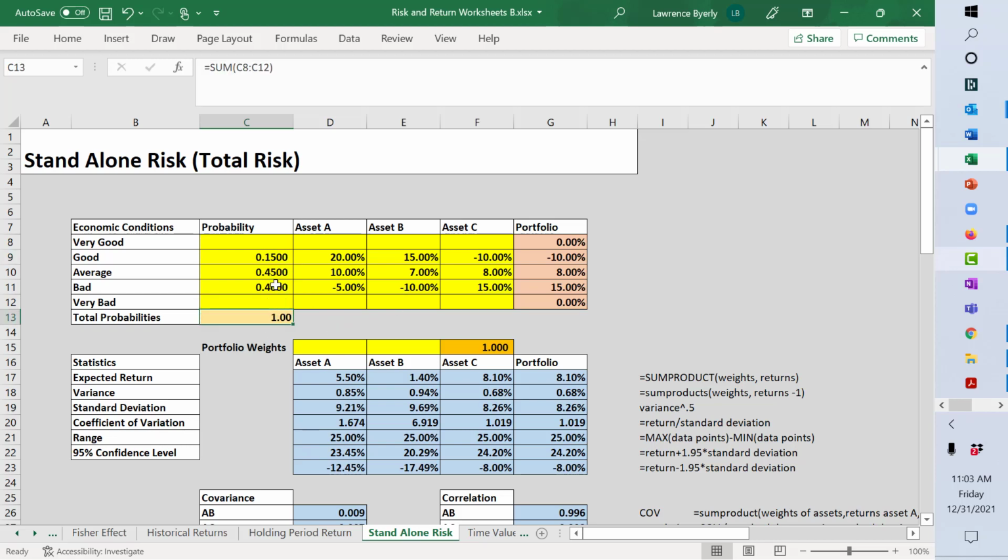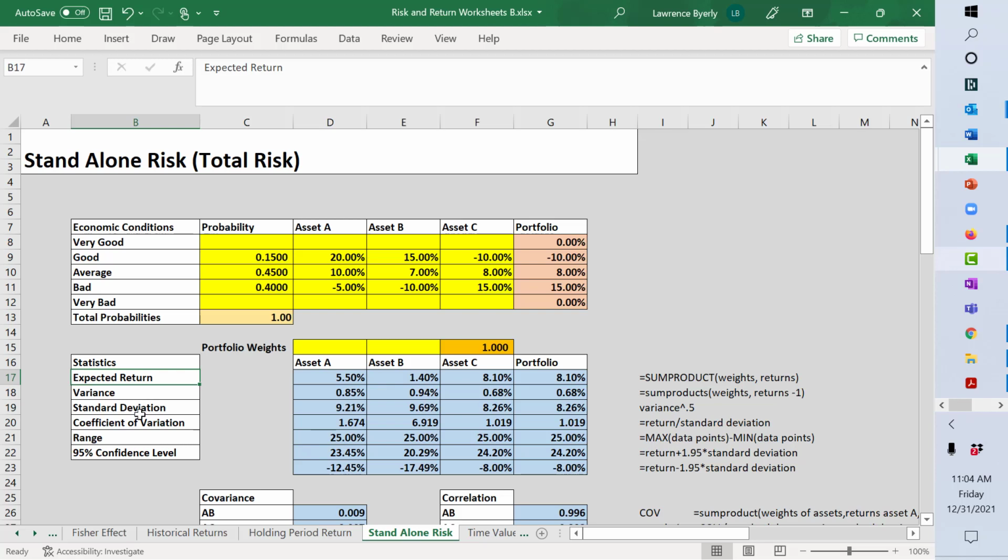Notice that they add up to 1. So when we incorporate probabilities in the returns, now we can look at the statistics. The expected return is the average. For asset A, 5.5, asset B, 1.4, asset C is 8.1. So asset C obviously has the highest rate of return.